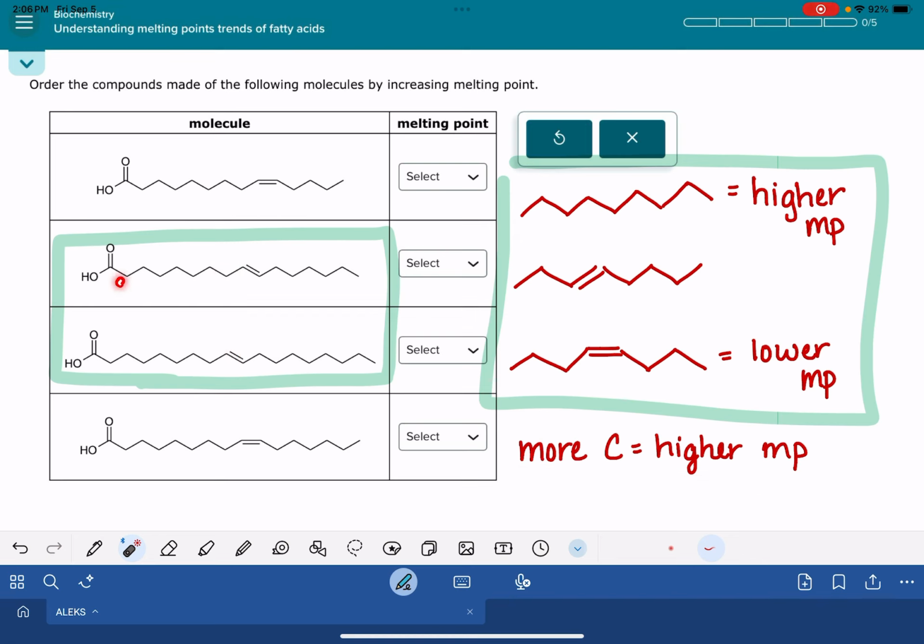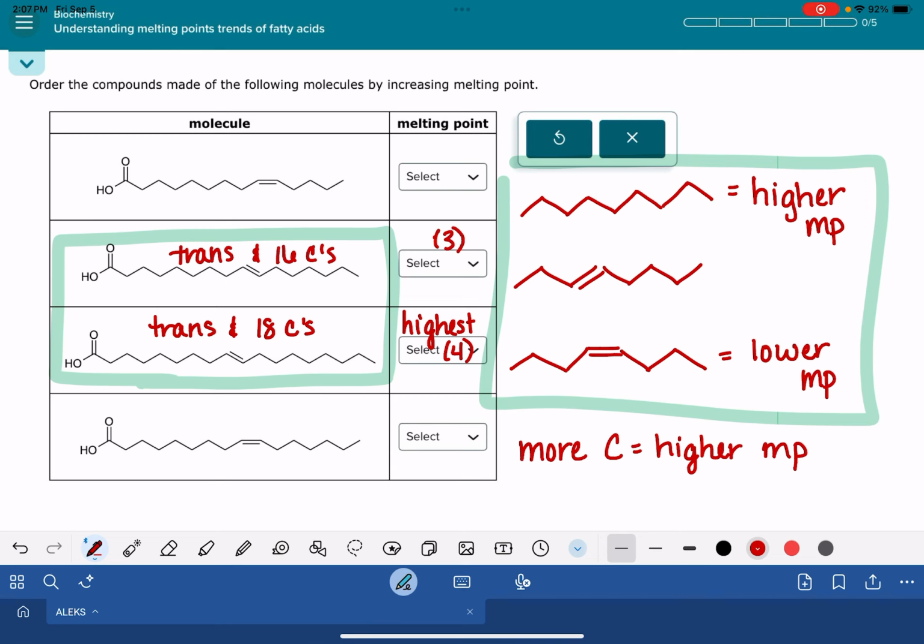This first molecule that I'm focusing on has 2, 4, 6, 8, 10, 12, 14, 16 carbons, and this one has 2, 4, 6, 8, 10, 12, 14, 16, 18 carbons. So this one with 18 carbons and the trans double bond is going to be our highest, and I want to say ALEKS is using number 4 for the highest in this problem. And then this molecule that has a trans double bond, and if I remember correctly, we said 16 carbons here, is going to have the second highest melting point.